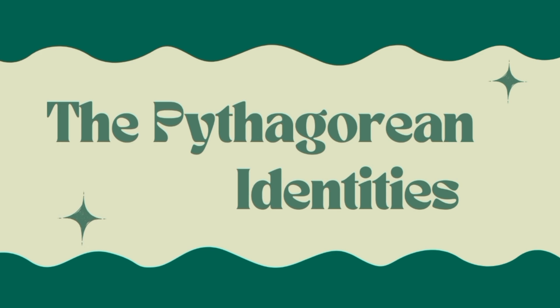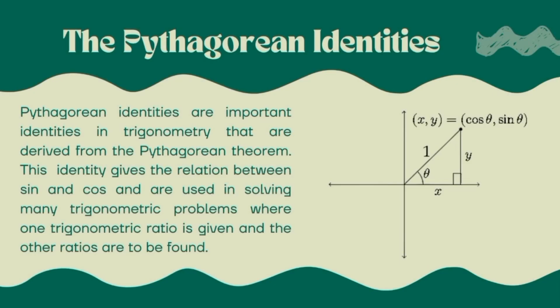Pythagorean identities. Pythagorean identities are important identities in trigonometry that are derived from the Pythagorean theorem. This identity gives the relation between sine and cosine and is used in solving many trigonometric problems where one of the trigonometric ratios is given and the other ratios are to be found.